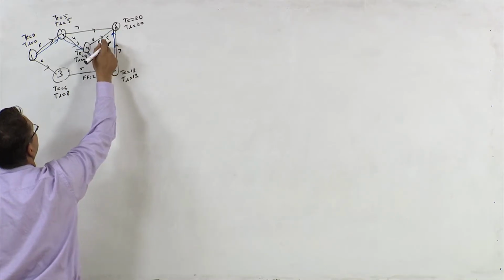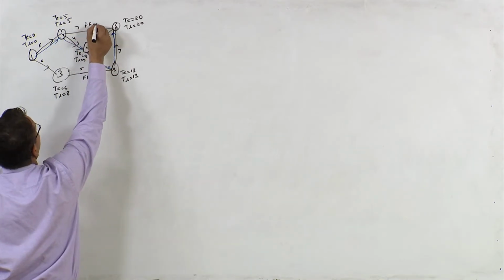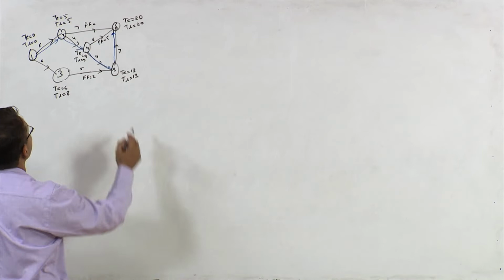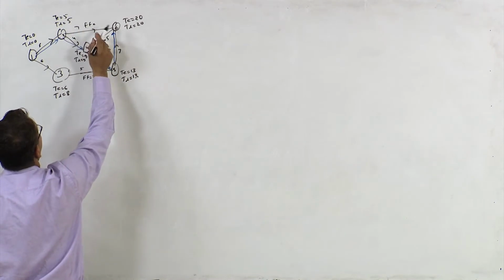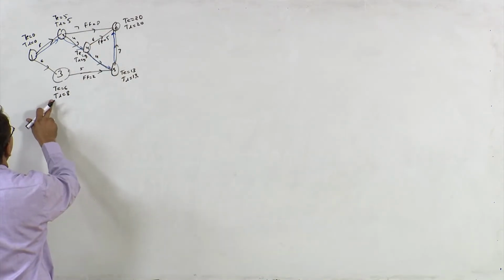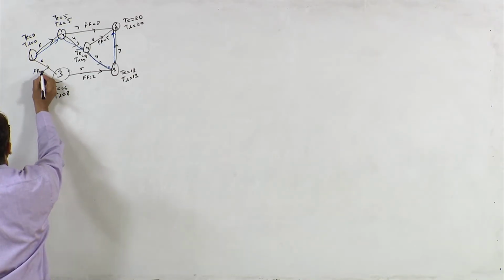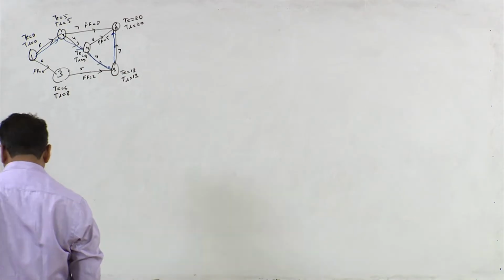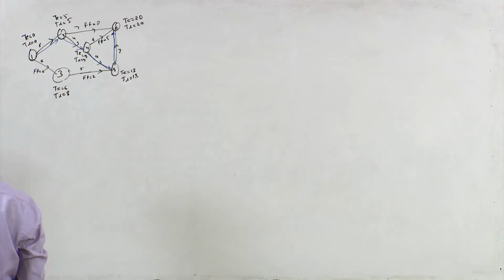So free float is 5. Free float for activity 3 5 would be 20 minus 5, that is 15, 15 minus 7, that is 8. Free float for this, 6 minus 0 minus 6, so free float is 0 here. So in this question, we have calculated all the free floats of non-critical activities, right?